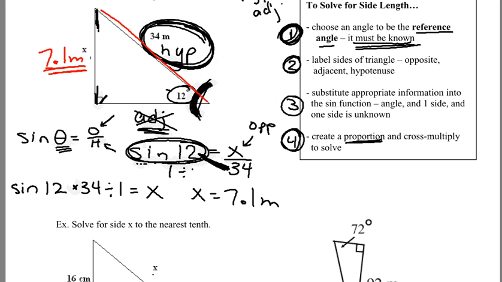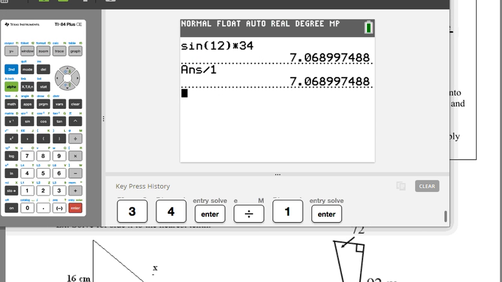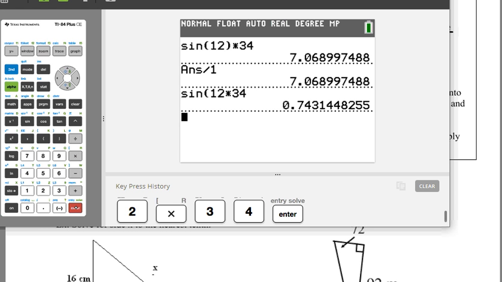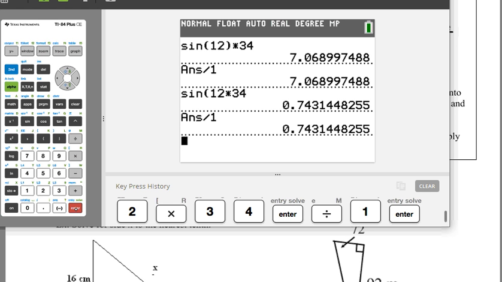Now, I just want to show you, going back to the calculator, a common error over and over is students will go sine 12, they won't put the bracket in, and then they'll multiply by 34 and hit enter. Totally different value. Oh, I got to divide by 1. Totally different value here.